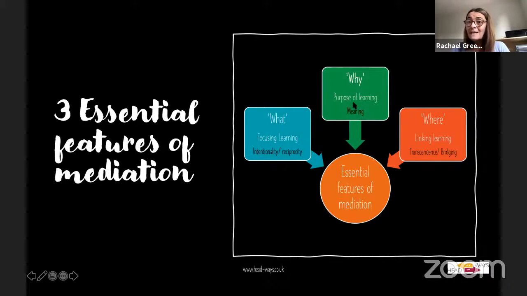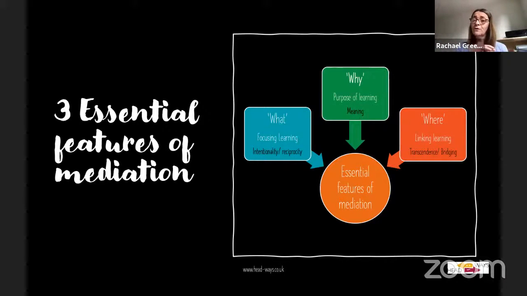It had to have meaning. It had to be relevant to the person. They had to understand why they were doing what they were doing. And you also had to be able to see how it linked to other areas of your life. So how the interaction you were immediately engaged in, the learning experience you were immediately engaged with, bridged or linked to other parts of life.